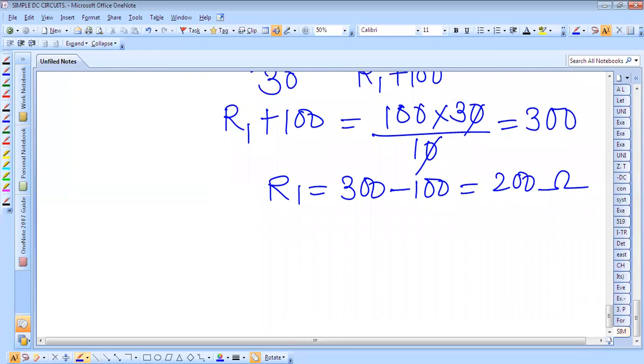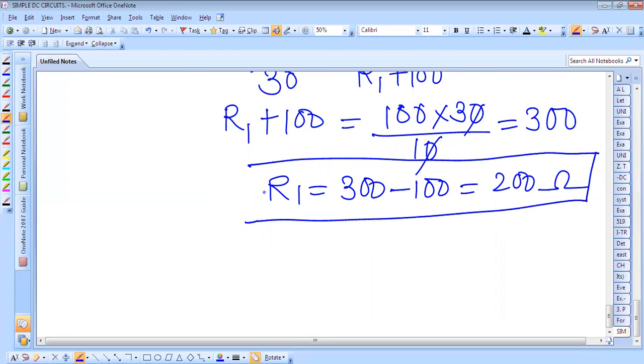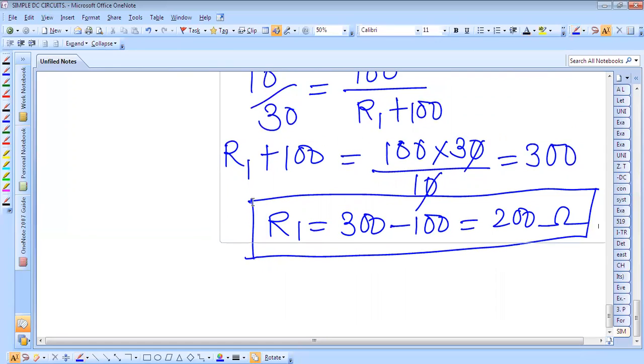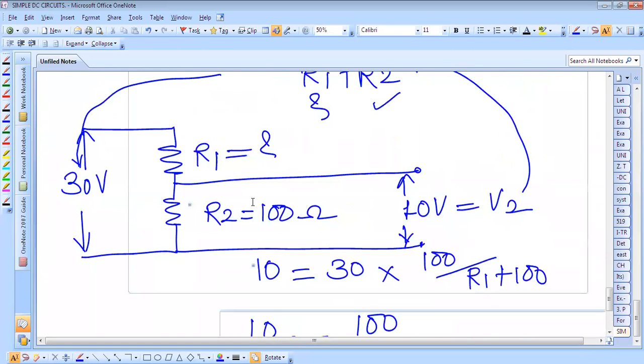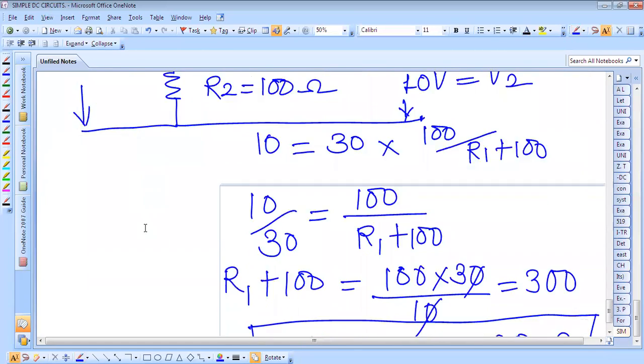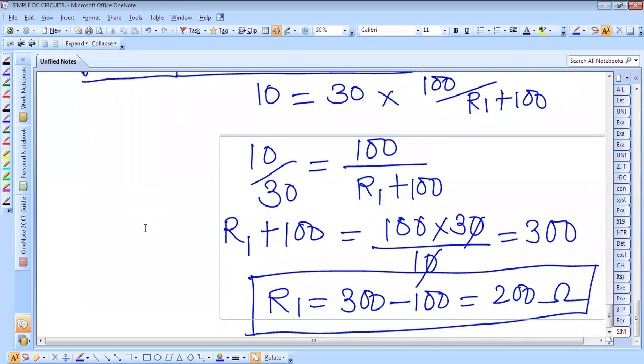So in this way we can calculate the resistors across the given circuit, by using the relationship of series circuits.